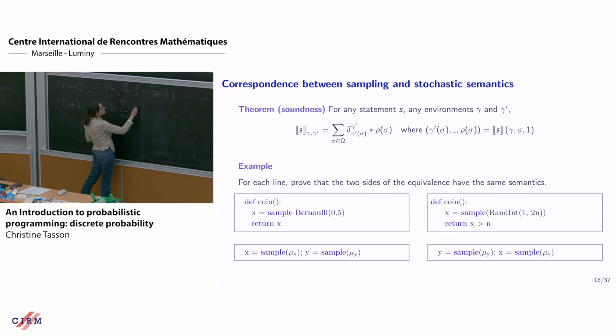The probability of getting k is, since it's a uniform random int between 1 and 2n, 1 over 2n, multiplied by the expression: is x bigger than n, and the output is b.